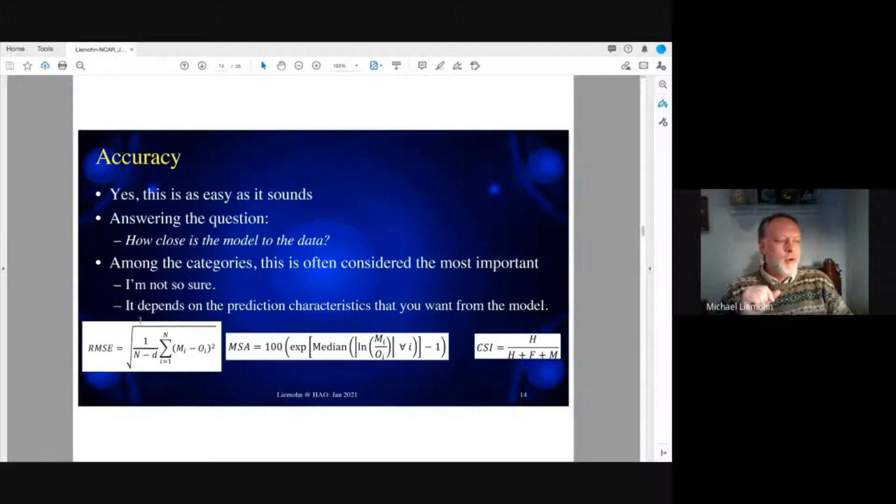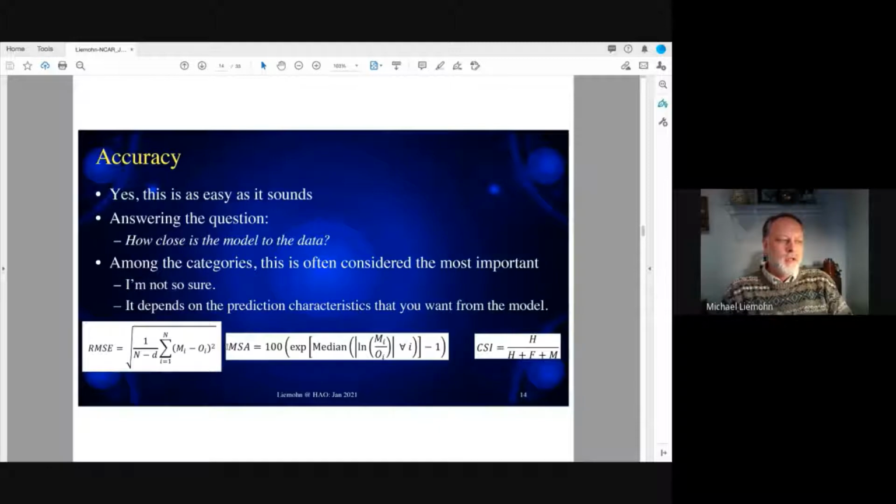And by the way, there are many metrics that fit into accuracy. RMSE is one. Mean absolute error is another one that people like to use. That's without this square right here. Instead, you put in absolute values around this.